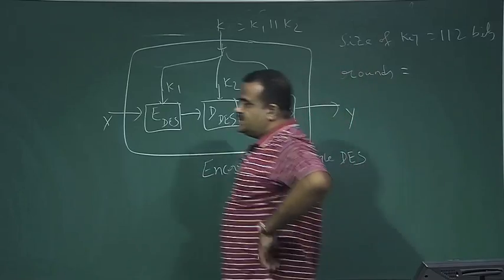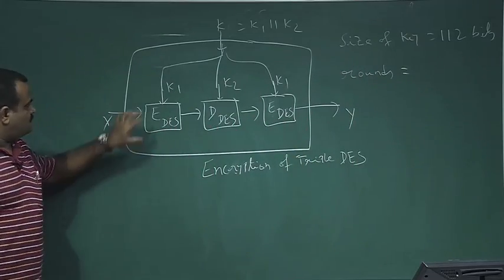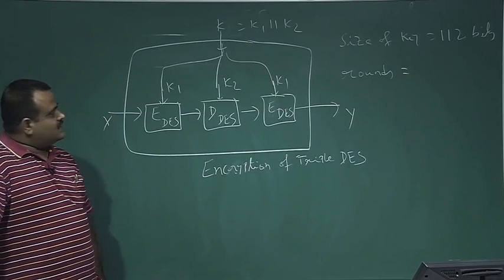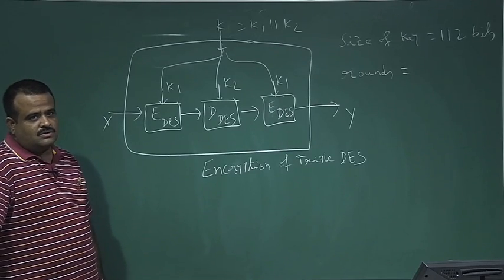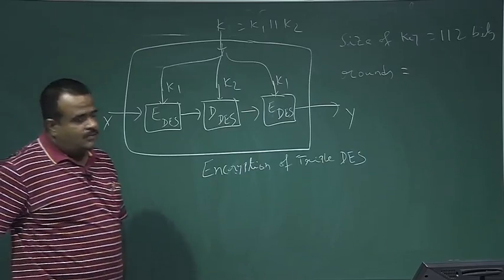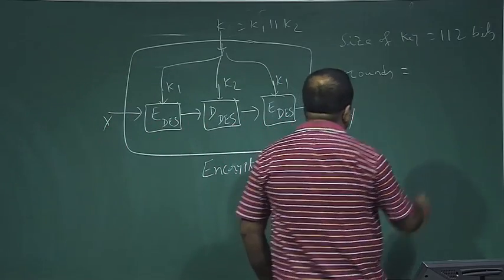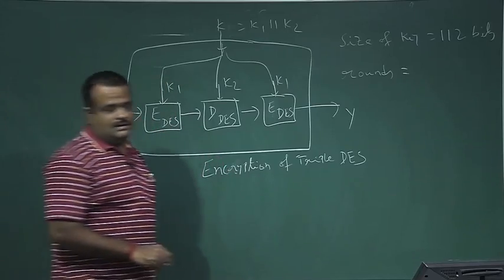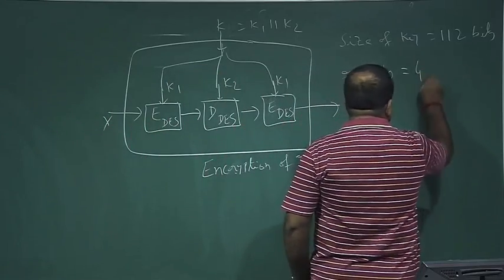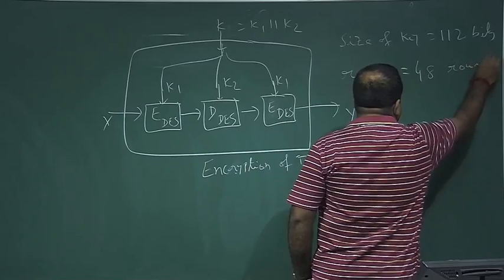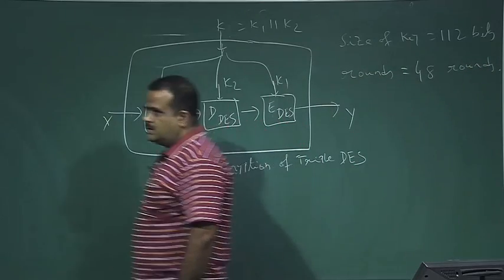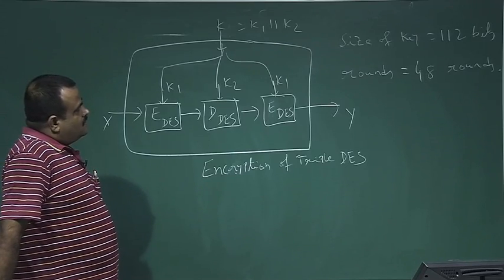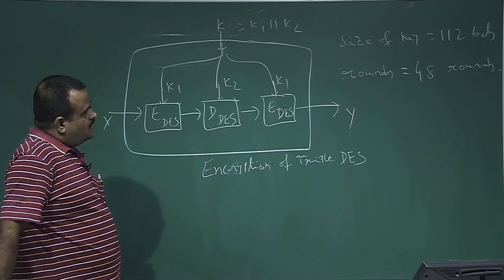Each of these DES encryption, decryption, encryption, each are having basically 16 rounds. So 16 into 3. 32 plus 16. So 48 rounds.